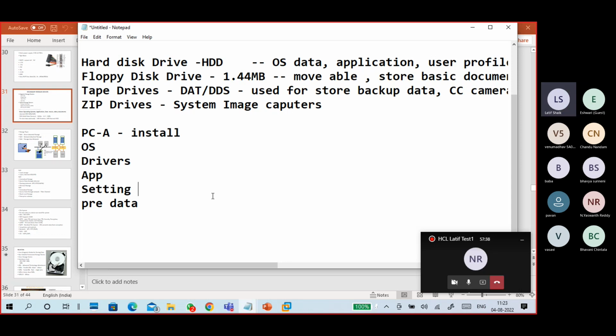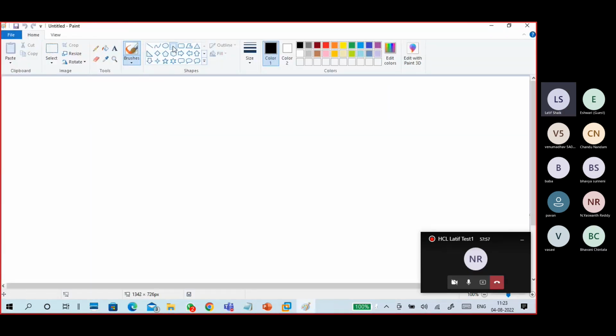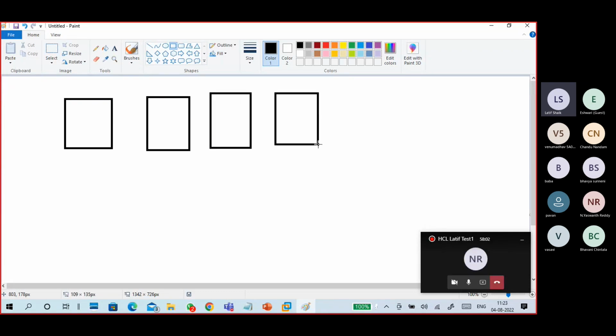Same OS, same applications, same settings, same drivers, for 20 to 30 times. I don't know if you guys understand or not. Understanding, sir. Okay, then good. So I have 20-30 or 40 computers.